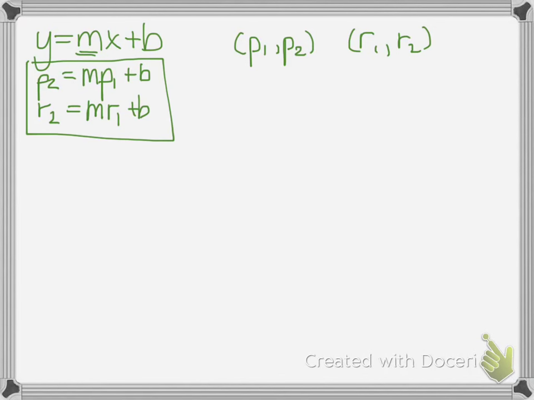Okay, so what we want to do now is we want to write an expression for the slope. So the slope of this graph, and I'm just going to say slope. I don't want to use m because I want to prove that the slope is m. So the slope is the difference in the y, P2 minus R2, divided by the difference in the x, which is P1 minus R1.